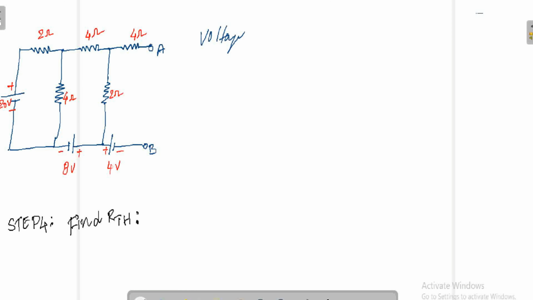Already we have done this in the superposition theorem. Same thing we have to do. What do you mean by RTH? RTH is nothing but the resistance between these A and B terminals, the resistance which appears between these A and B terminals.